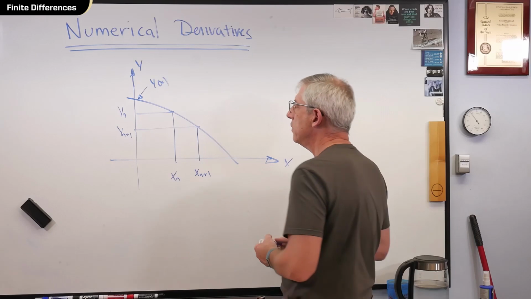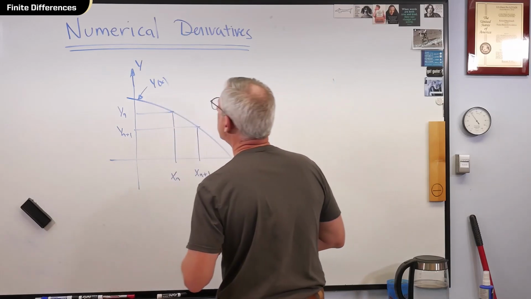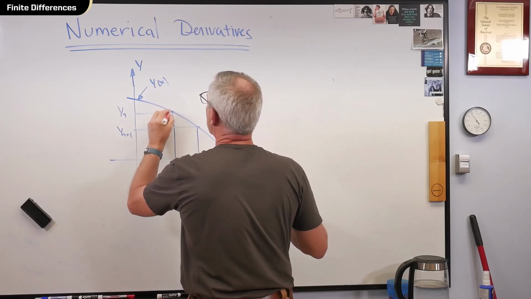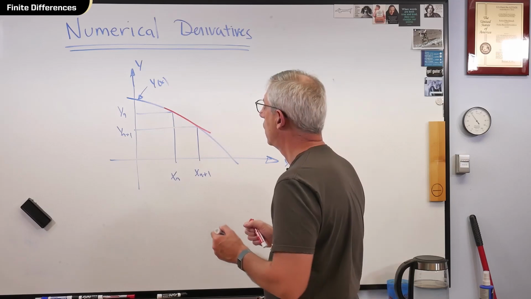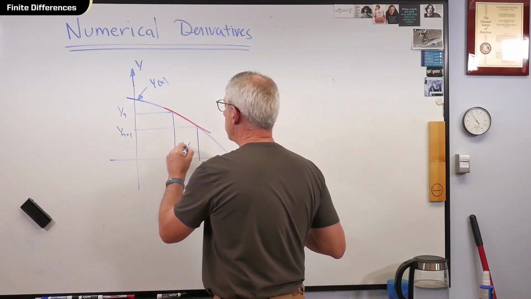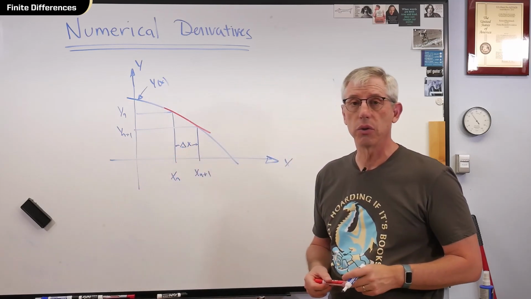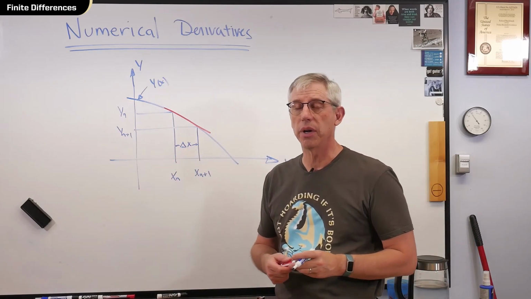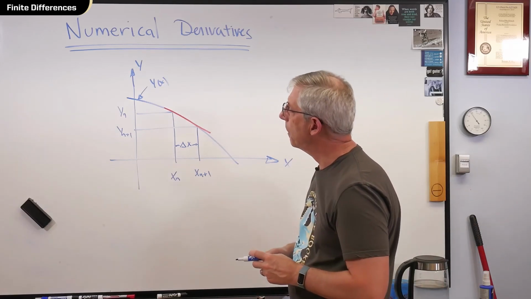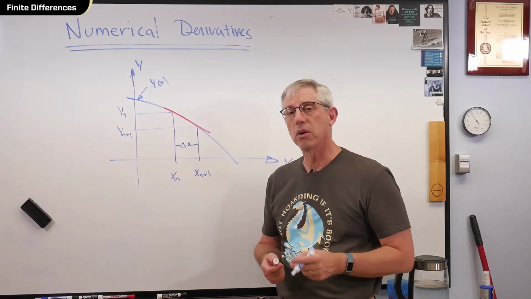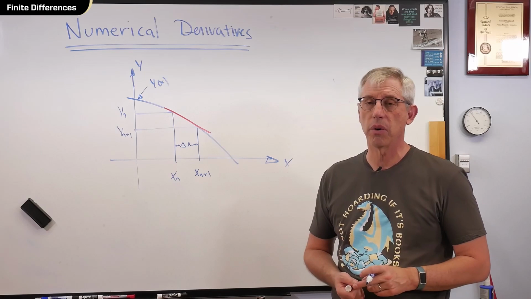All right? So let's just make this red maybe. I'm going to figure out the slope of that line right there. When we looked at the definition of a derivative, we let that go to an infinitesimally small number. It approached zero without actually getting to zero. Now, when you're working with numerical methods, you can't have infinitesimals. You must know what every number is.